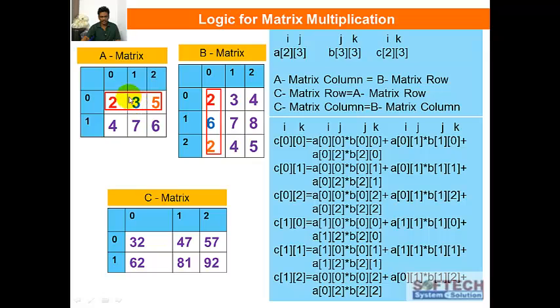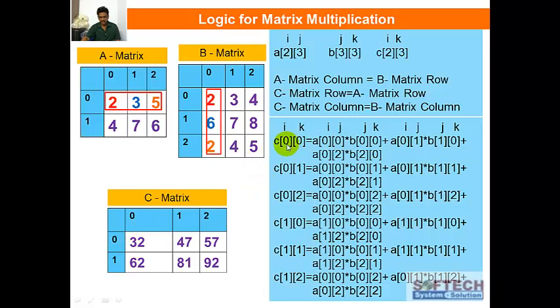Then A matrix 0 1, 3, multiplied with B matrix first row 0th column. Then the 0th row second column value 5 is multiplied with second row 0th column. After the multiplication we add: 2 into 2 plus 3 into 6 plus 5 into 2. So it will give one value. That value is the C matrix 0th row 0th column value.